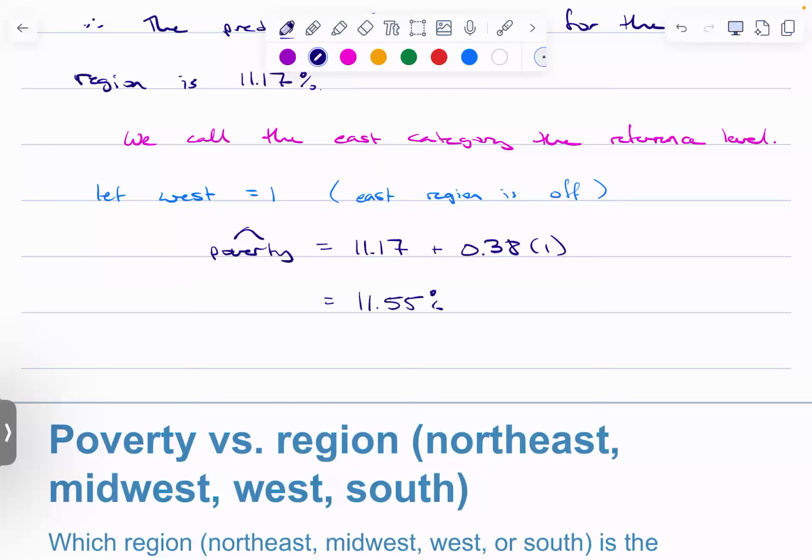So the predicted percentage in poverty in the West region is 11.55, or 0.38 higher than the East.